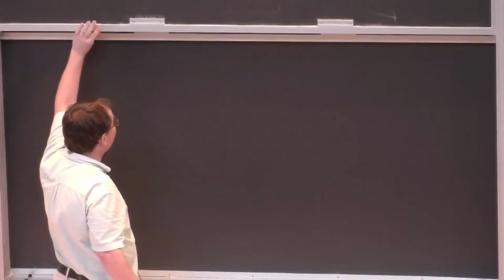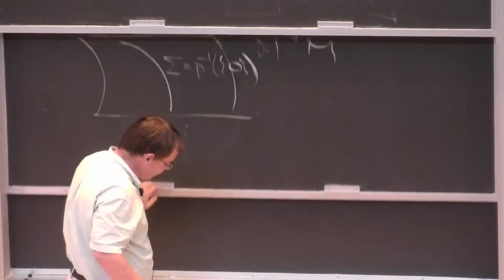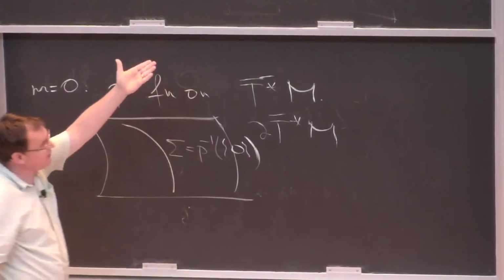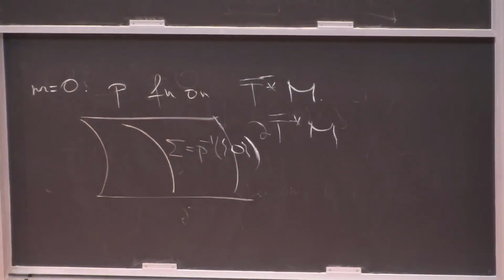Now, let me translate this because the way I wrote it, it's easiest to think about this really in just the uncompactified phase space. You're just really taking integral curves of this vector field. But it's much better not to think that way.